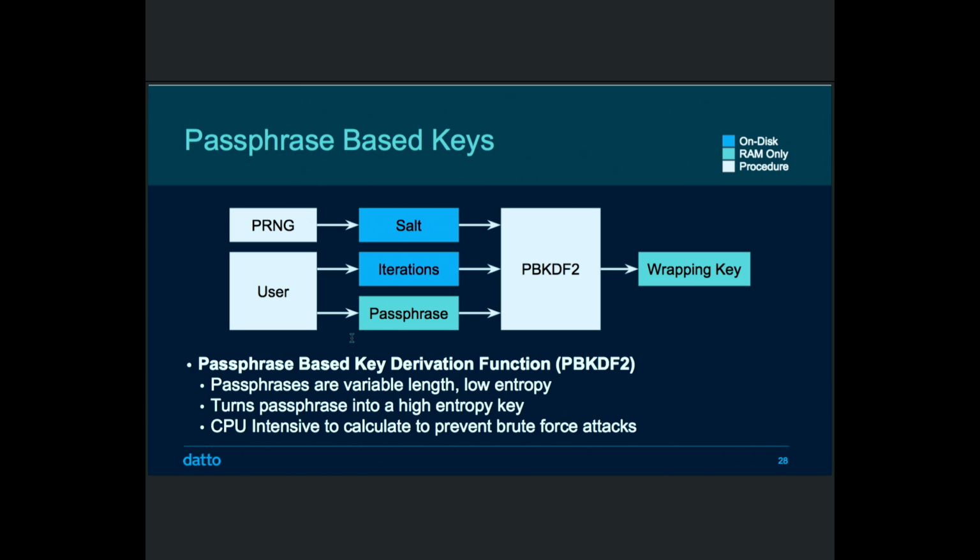But if somebody were to try to do this over and over again, it would be very, very computationally expensive, and it would just take too long. For the person who's actually trying to decrypt their data correctly and is using the correct key, they only have to pay this price once, so it's not so bad. But anybody who's trying to brute force the password will have to pay this price many, many times.